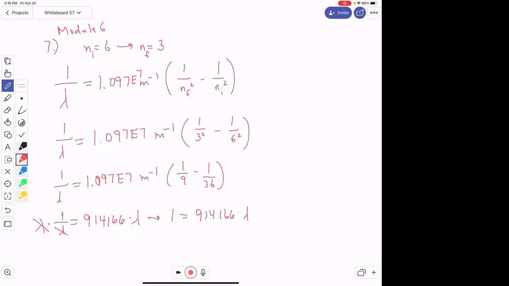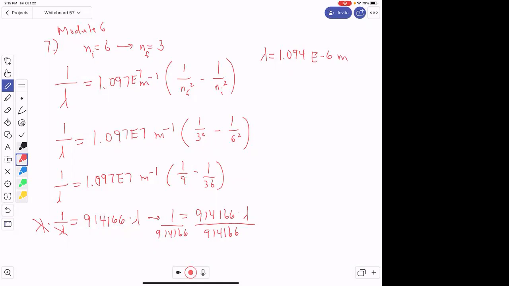I want to solve for wavelength, so I'm going to divide both sides by 914,166. So my wavelength is 1 divided by that. I don't know why my calculator is not putting it in scientific notation anymore. Let's see, 1, 2, 3, 4, 5, 6. E to the negative 6 meters.